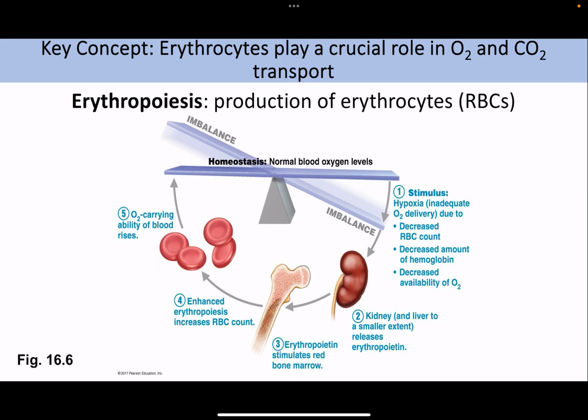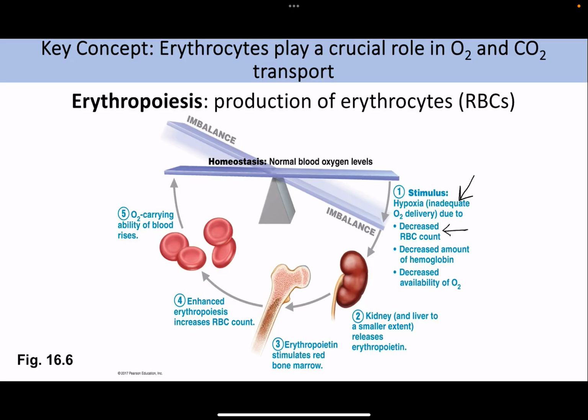Okay. So this is a negative feedback loop regarding erythropoiesis and EPO that we already talked about. When someone experiences hypoxia or even pre-hypoxia, we'll talk about that when we get to the respiratory system. So they may be approaching hypoxia. Hypoxia can mean that they have a decreased red blood cell count.